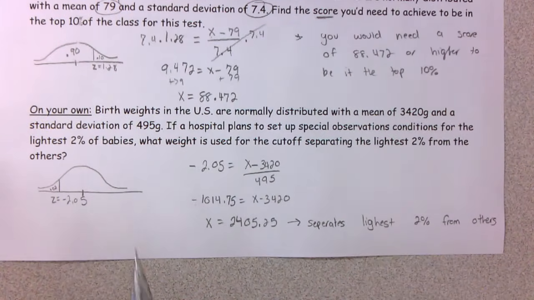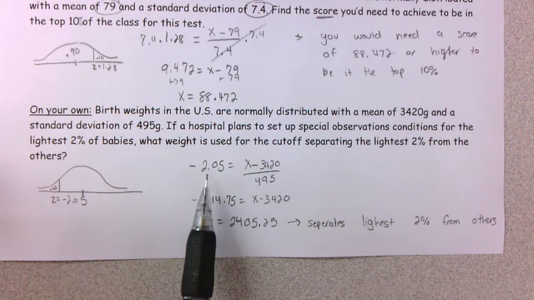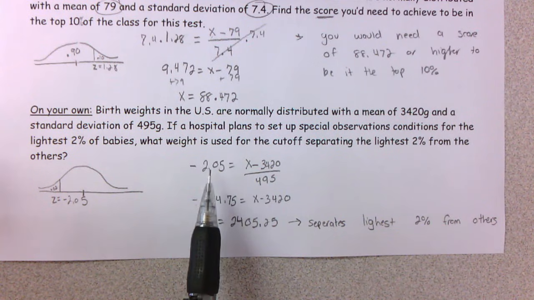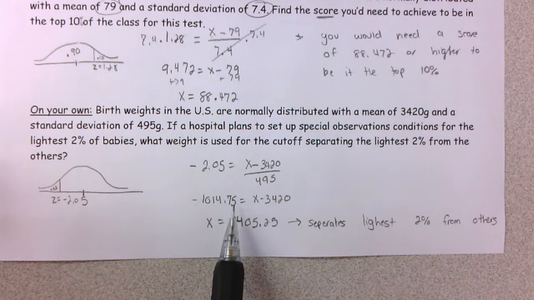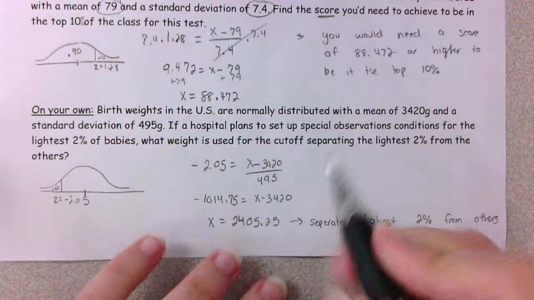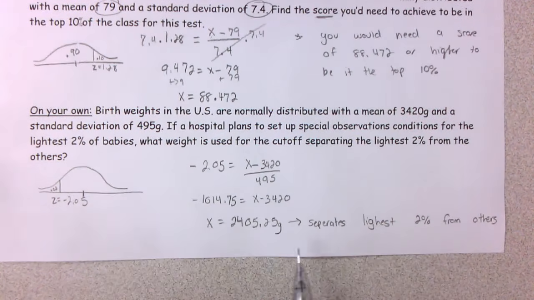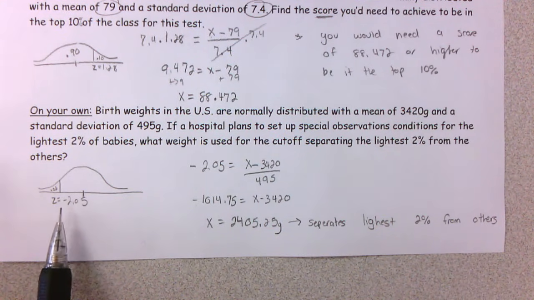All right, so if you looked up 0.02 in the table, you would have gotten a z-score of negative 2.05. So I fill that in for z, multiply by 495, add the 3420, and you get 2,405.25 grams. That's going to separate the lightest 2% from all of the others.